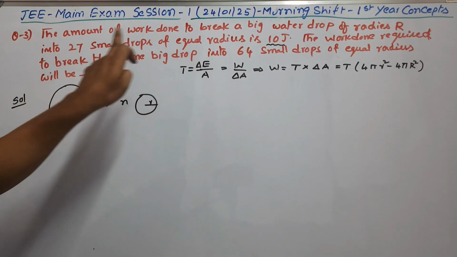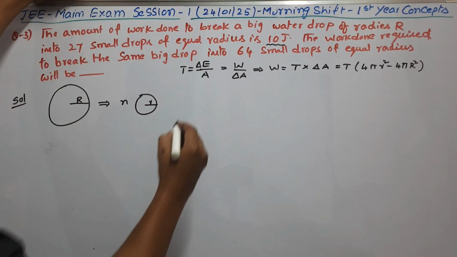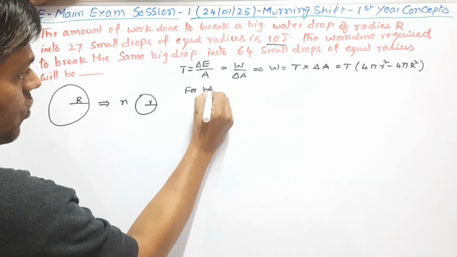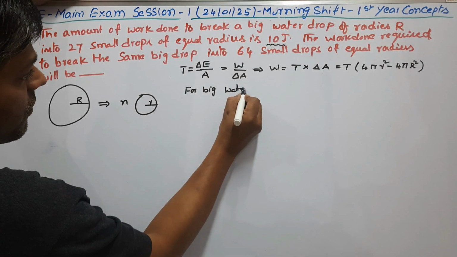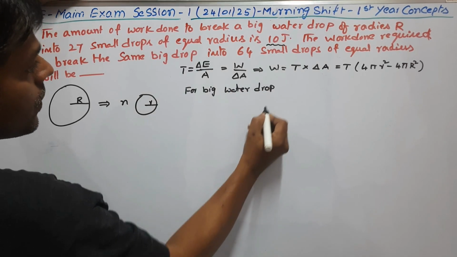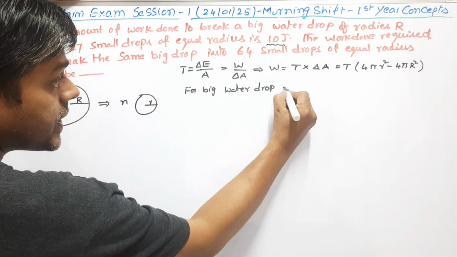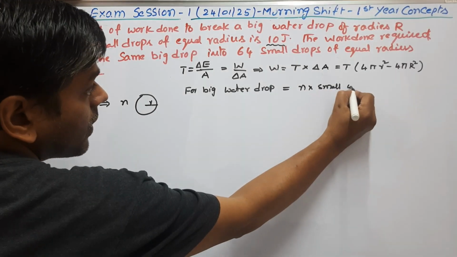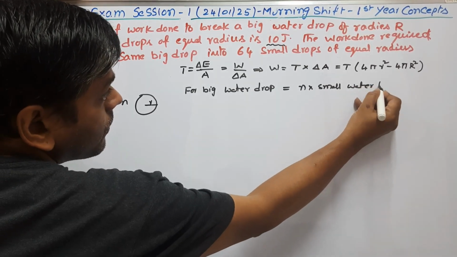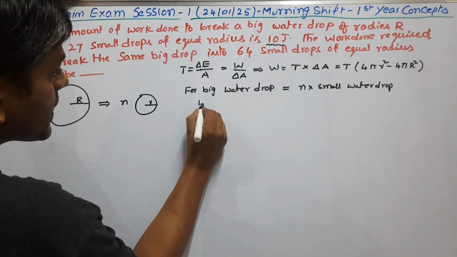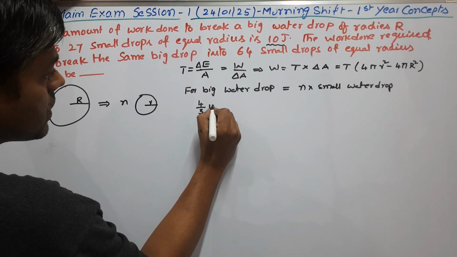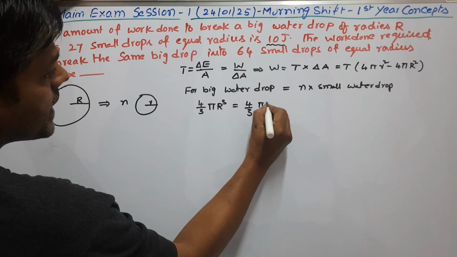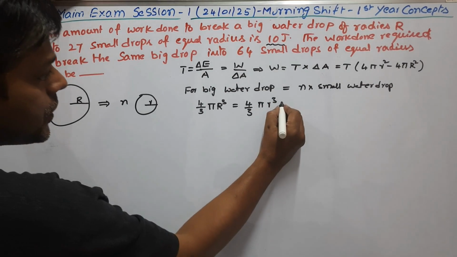For the big water drop, the volume is equal to n into the volume of a small water drop. So 4/3 pi capital R cube is equal to 4/3 pi small r cube into n.